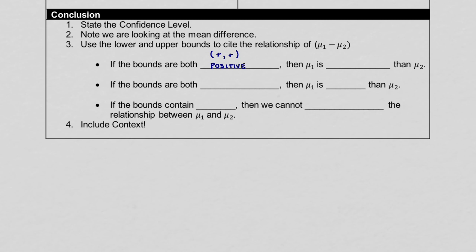So if we are looking at mu sub 1 minus mu sub 2 and they're giving me a positive number from doing a subtraction, that must mean that mu1 is bigger than mu2. That's the only way that when we are subtracting with numbers that we would get a positive number as a result. So here we would say mu1 is greater than mu2.